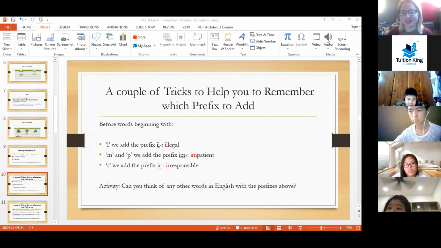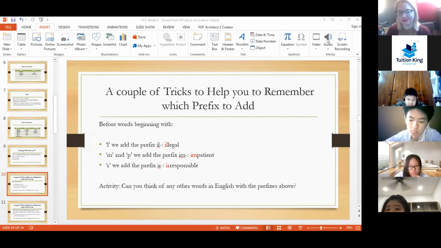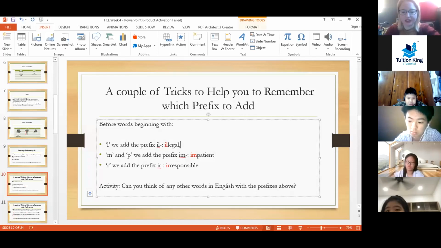Illiterate is a brilliant example. Impossible, good. So I think what would make more sense is if I actually add your suggestions, because I do think that this set of prefixes is harder.